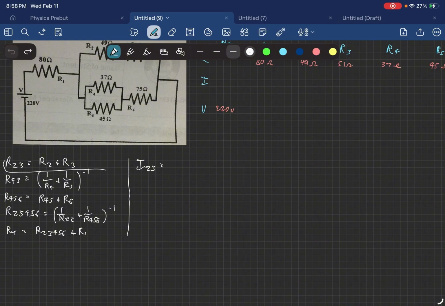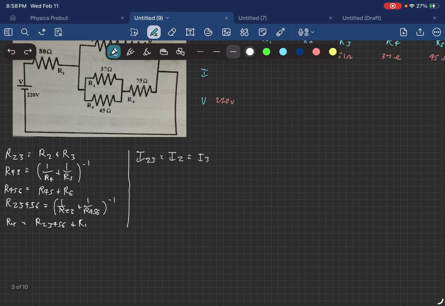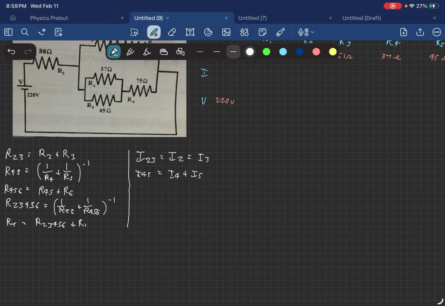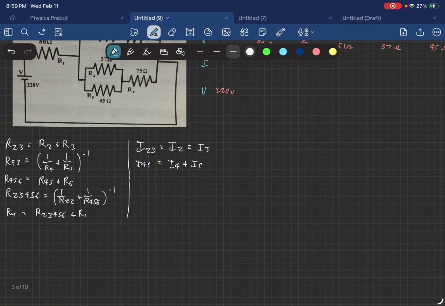So I23 is equal to I2 equals I3, because current in series is equal. I45 is equal to I4 plus I5, because current in parallel is just the summation.